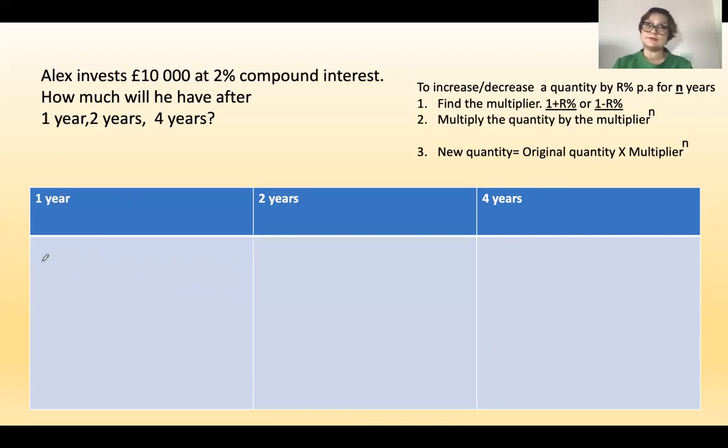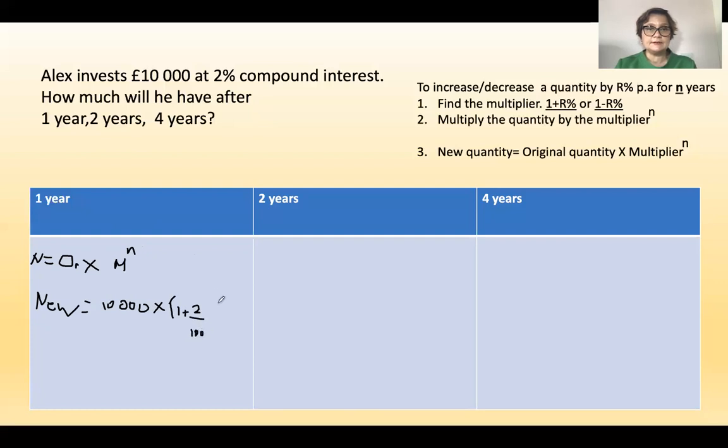So you can write the formula straight away, putting N for the new quantity if you want, equals O for original quantity, times multiplier M to the power of N. So new equals original, which is 10,000. It's good if you know how to substitute in the formula. 10,000 times the multiplier, and you can put it inside the bracket straight away: 1 plus 2%.